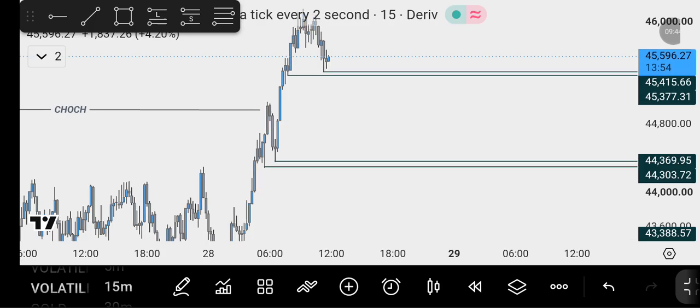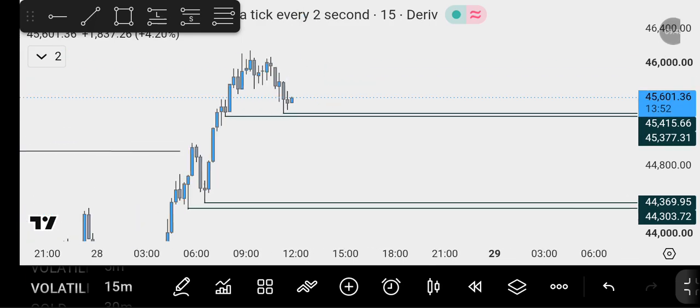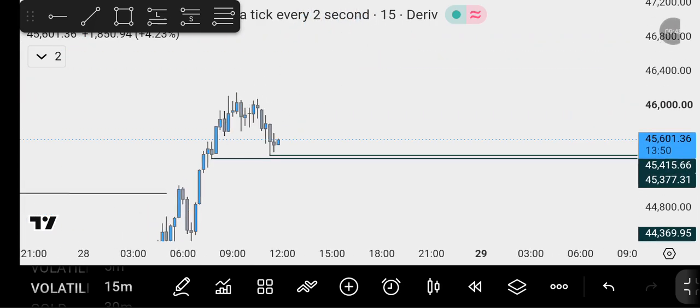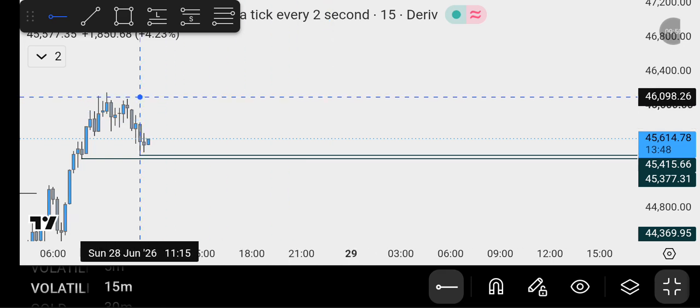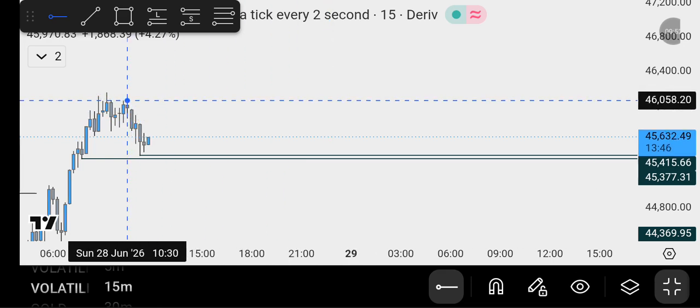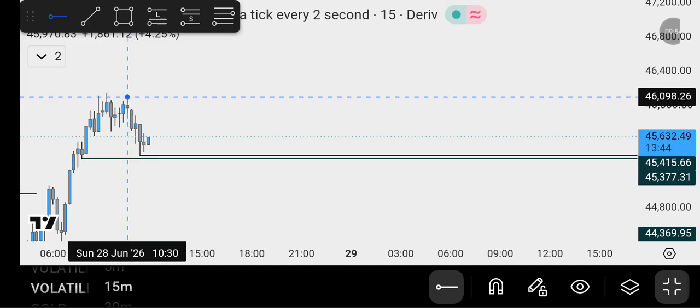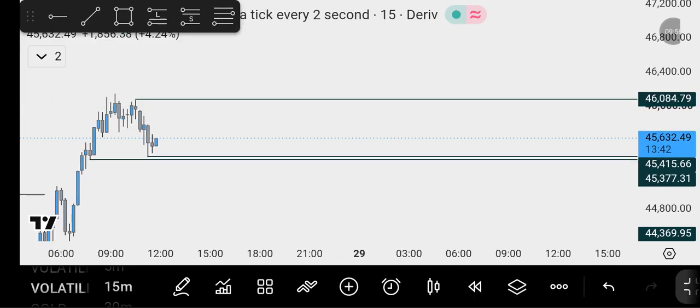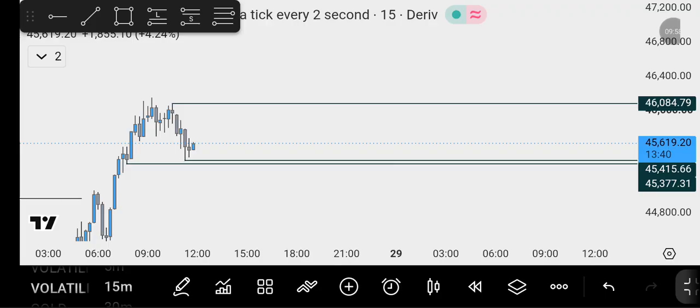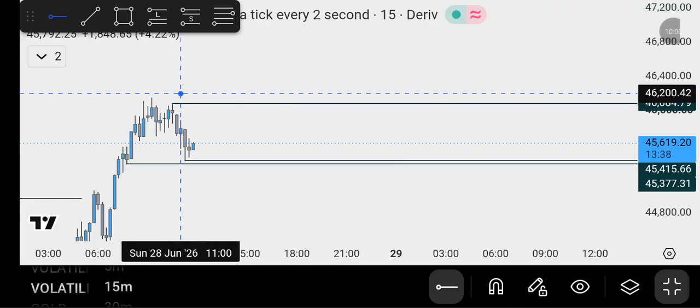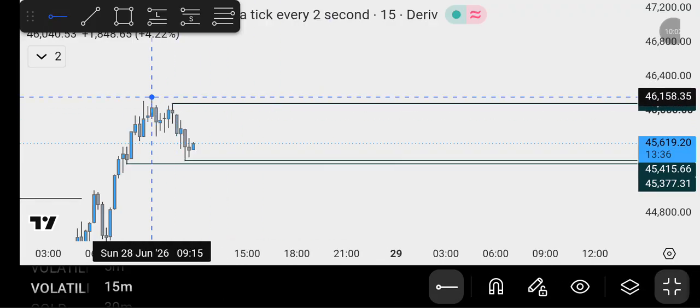So right now my bias is to go higher, but when will I change it? When price hits this draw, and if price hits it with a wick. These two draws actually.